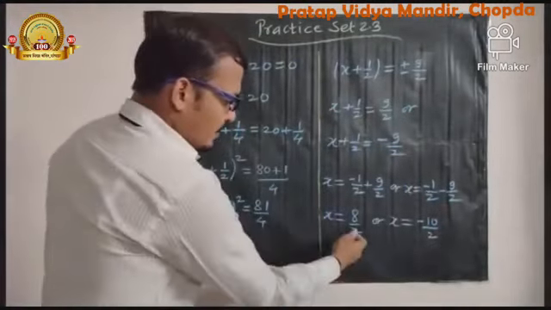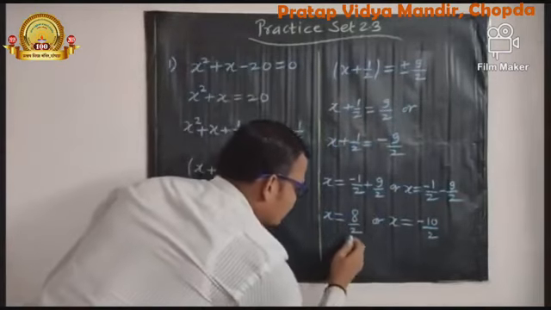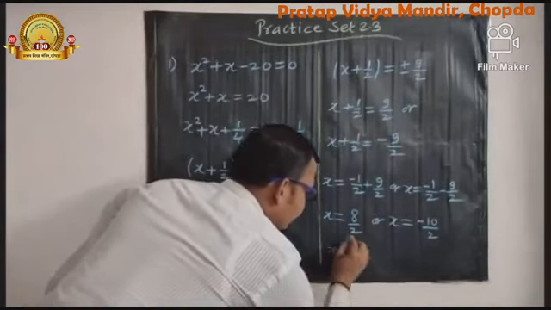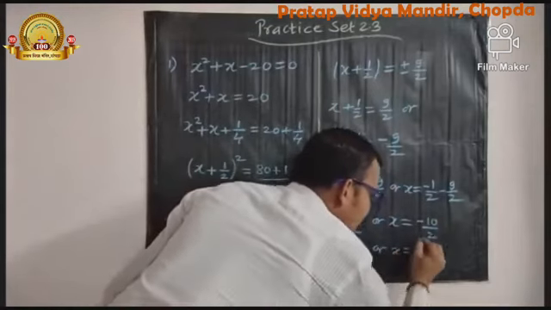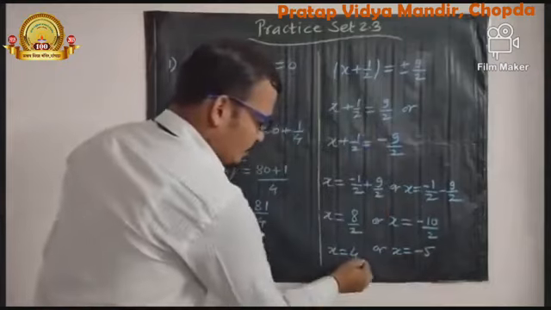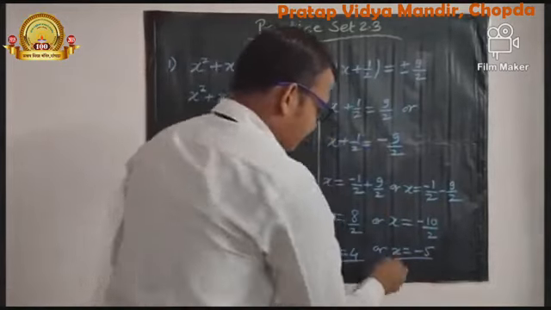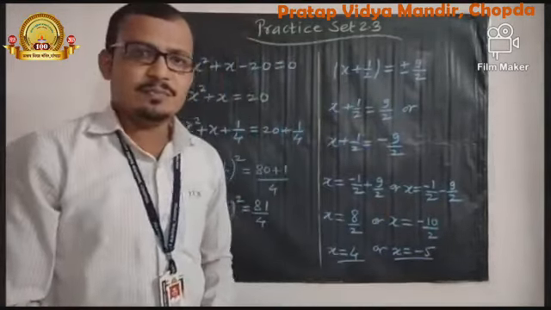Now divide 8 by 2, so we get 4 (2 fours are 8), or x is equal to minus 5 (2 fives are 10). So we get the two solutions, x is equal to 4 and x is equal to minus 5.